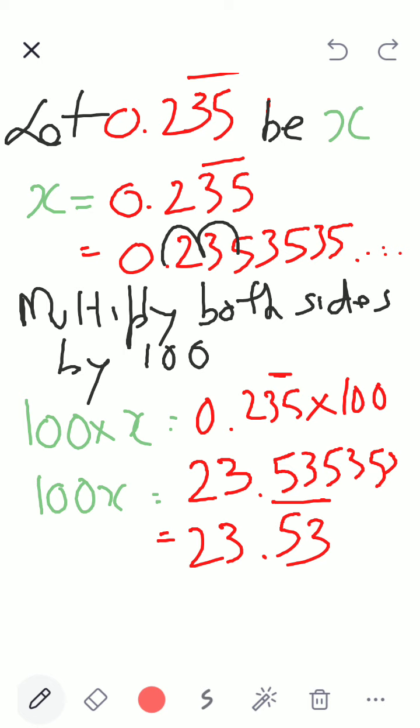Okay, 2 minutes, Bhargavi. So then we have 100x equal to 23.53 recurring. Clear? Then what happens? I want to remove x. So I will subtract x from both sides.